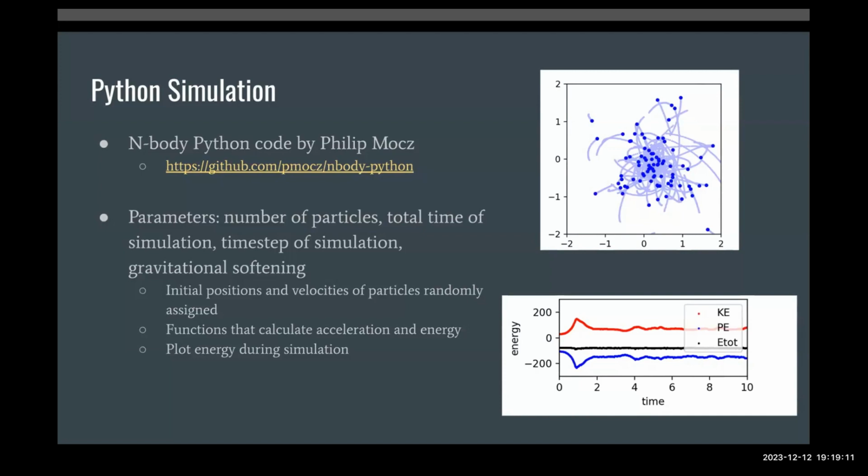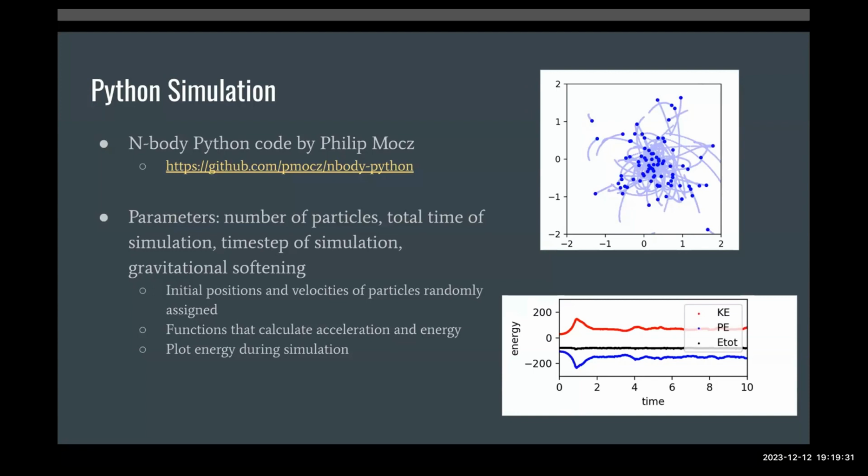It first consists of some parameters. The main parameters are the number of particles in our n-body simulation, and the total time of the simulation. We have what's called a timestep, which is basically each little step, and then a bunch of them until we get to the total time.